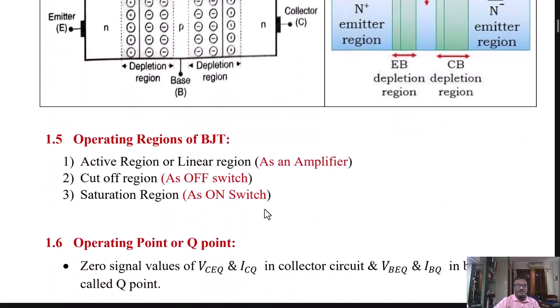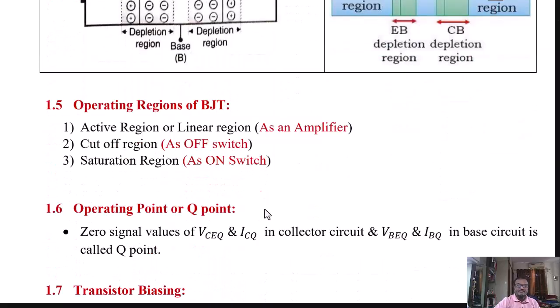Now let us see various operating regions of BJTs. Here we will list the operating regions of BJT and we will study these regions in detail when we see the characteristic of BJT and operating point of bipolar junction transistor circuits. There are three regions of operation for BJT. First is called active region or linear region. In this region, the BJT can be used as a linear device or amplifying device.